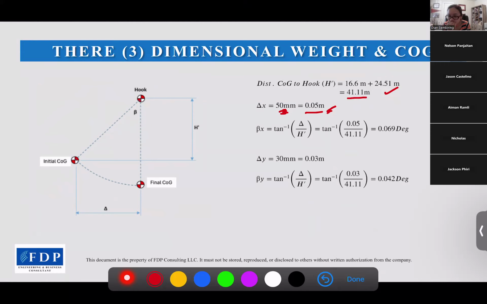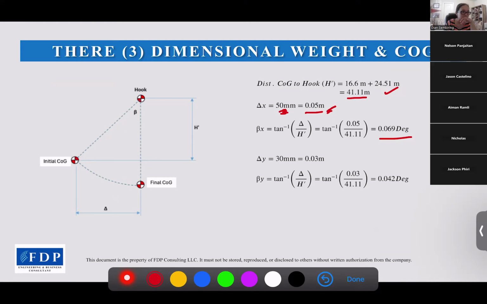Then we get the angle toward the x, 0.0969 degrees. And for the y, we get 0.03 meters shifted. Then the angle in the y direction will be 0.042 degrees.